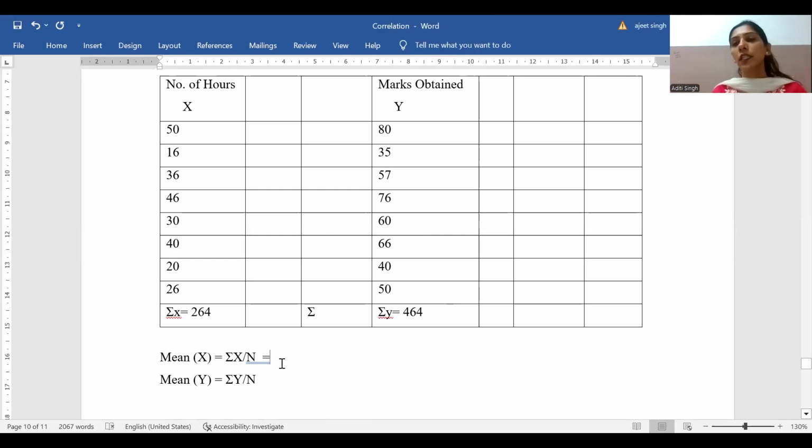Now what we have to do is calculate the mean. n is already given in the question. So value of n, let me write it here, n is 8.